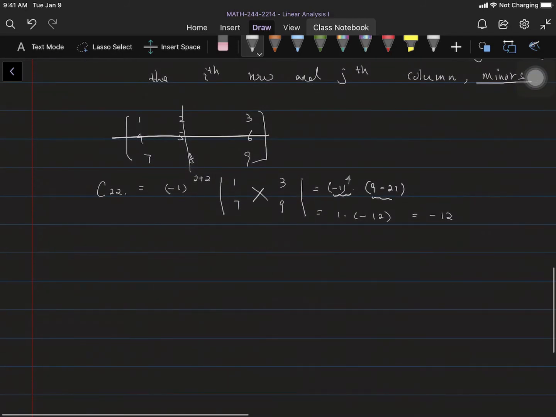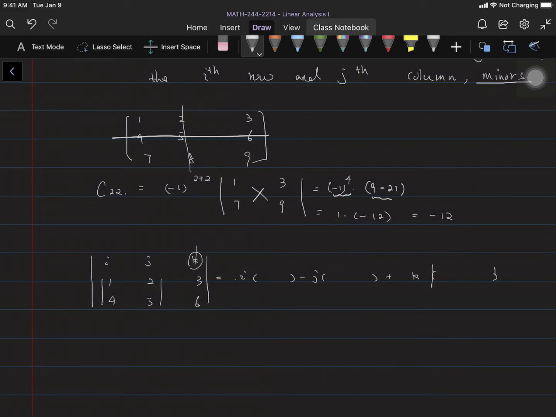How do we calculate C22? Let's think about when we calculate the cross product i, j, k. For example, with 1, 2, 3, 4, 5, 6. We have i times something, minus j times something, and plus k times this thing. So it's like 1, 2, 4, 5.